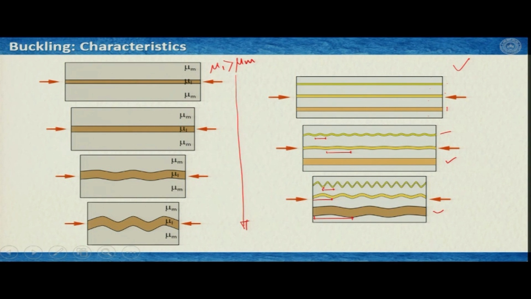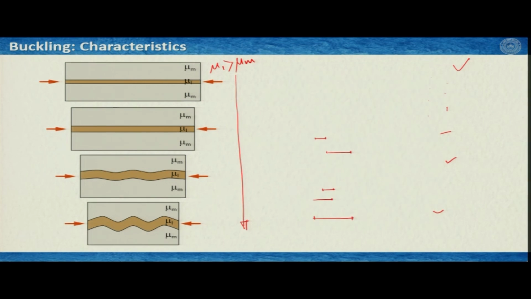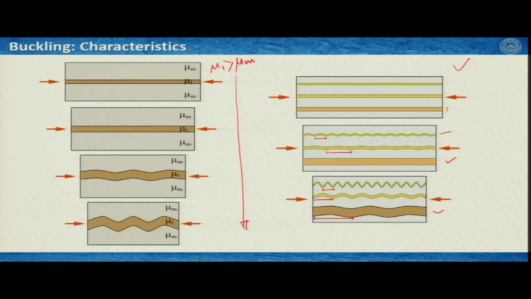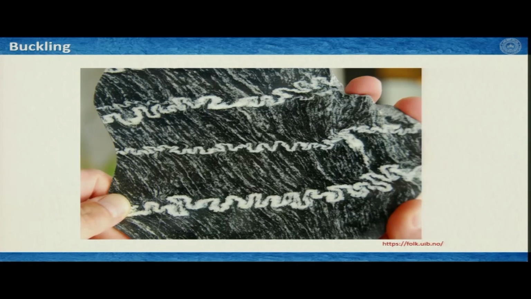So, lower the thickness, we can see here from this equation that it is related to the wavelength of this fold. Now, this is a fantastic example of buckle folding. As you can see here, this is a little thicker layer compared to this one, and this is also a thicker layer of more or less similar thickness initially.